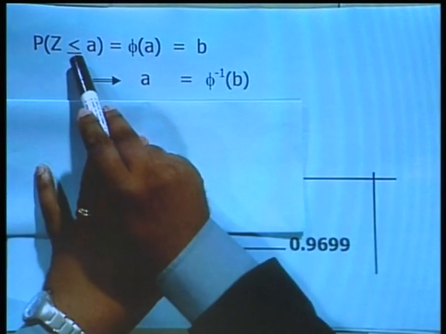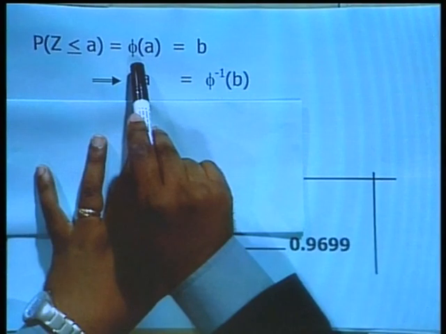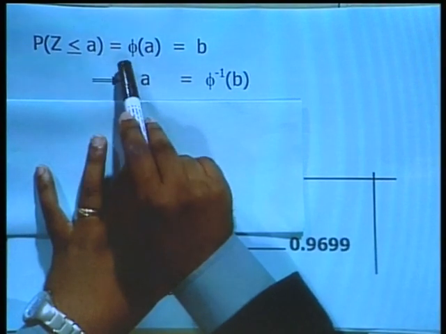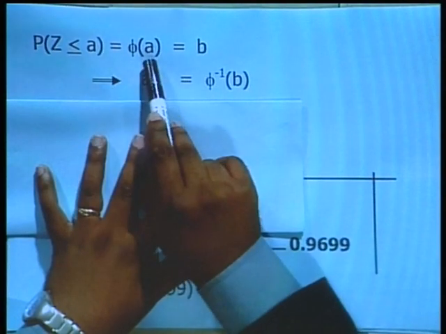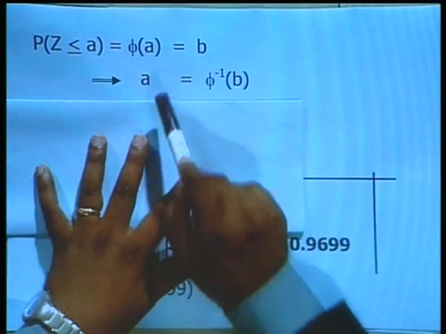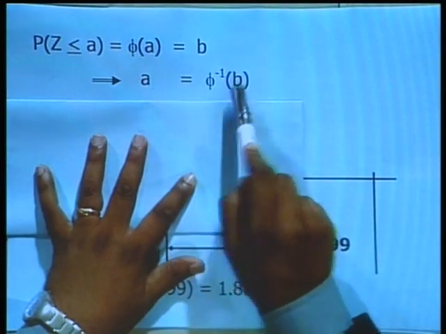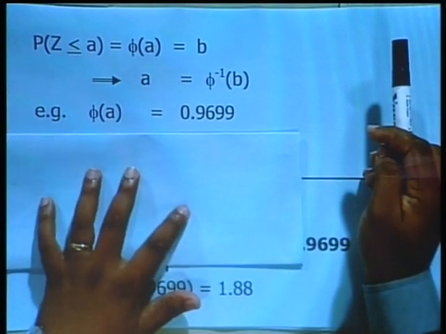Remember, z less than a is equal to phi. If it was greater than, it would have been 1 minus phi. So z less than or equal to a is equal to phi is equal to b. This implies that a will be equal to phi inverse of b. How to evaluate phi inverse of b?